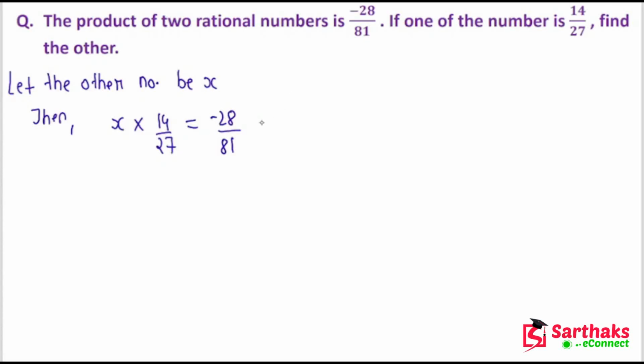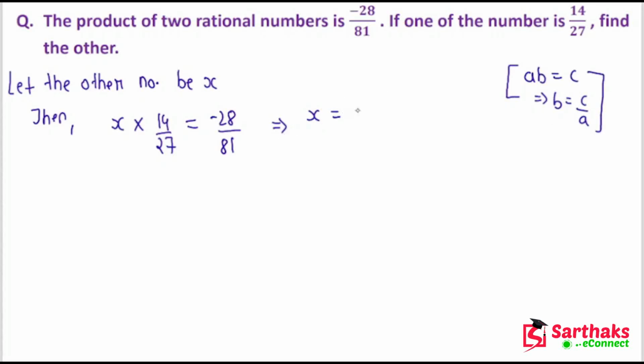Now how do we solve it? We all know that if AB equals C, then B is equal to C upon A, or A is equal to C by B. So we can use the same principle here.